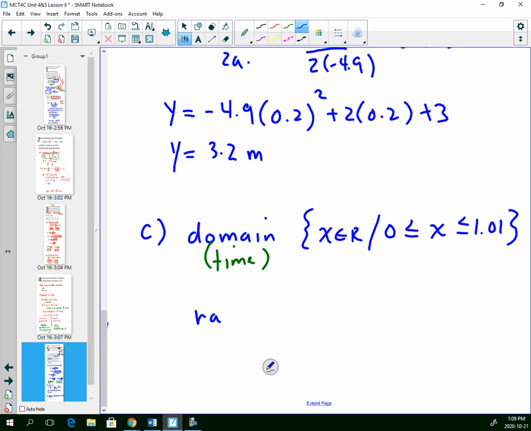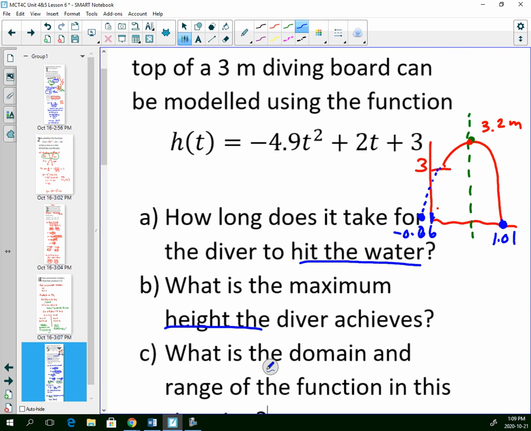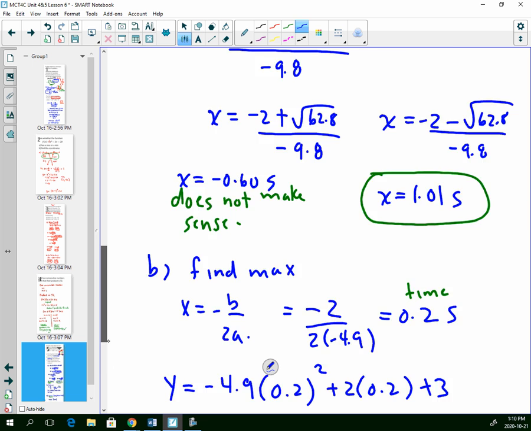The range, I'm going to use any number, but the highest point is 3.2, right? That's the highest he's going to go. And then the lowest would be 0, because once he hits the water, then that has a value of 0.